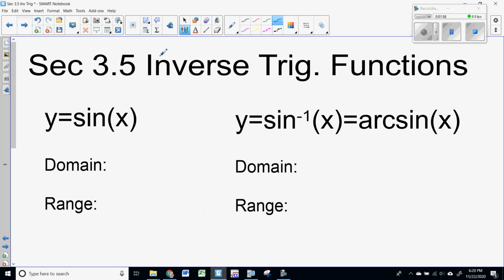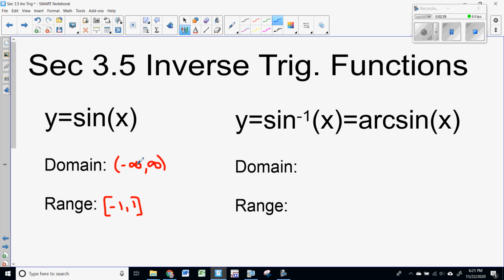Before we jump into that, let's refresh our memory on what inverse trig functions are. If you remember sine, you can take the sine of any number. Remember, we're talking radians here. And your range, what you always get out, is -1 to 1. Now, when we find the inverse trig function, we have to change things a little bit.